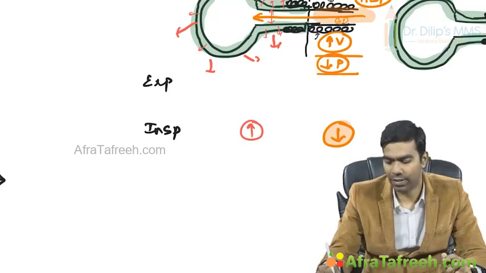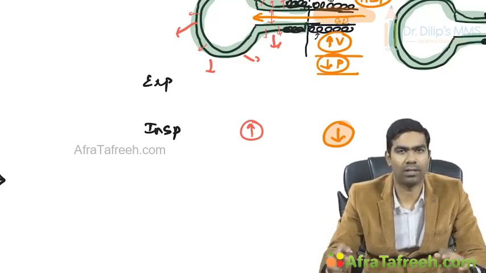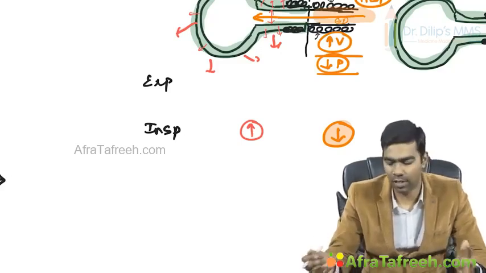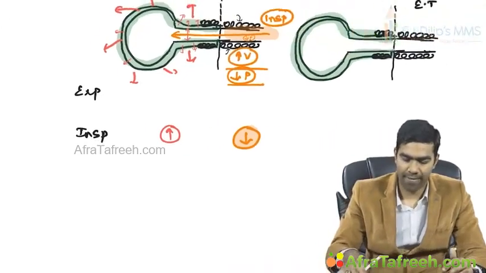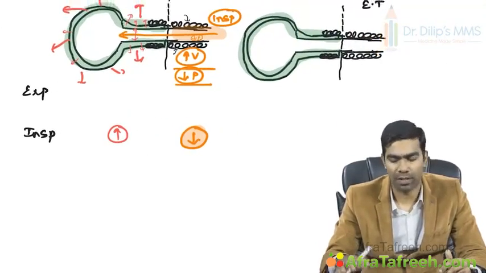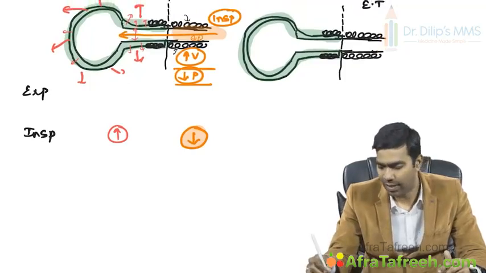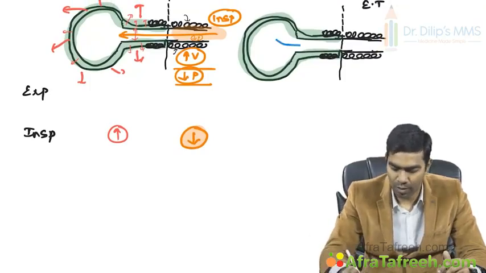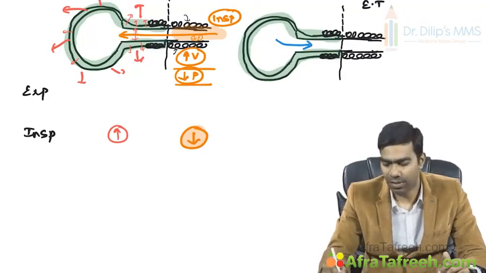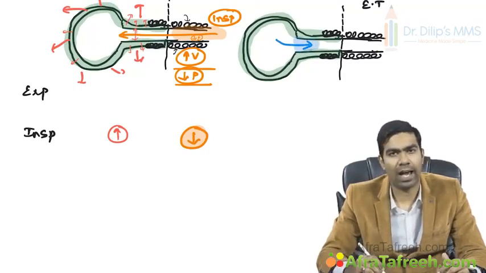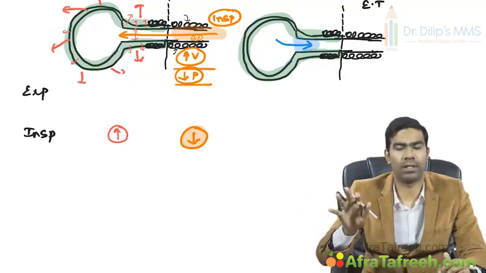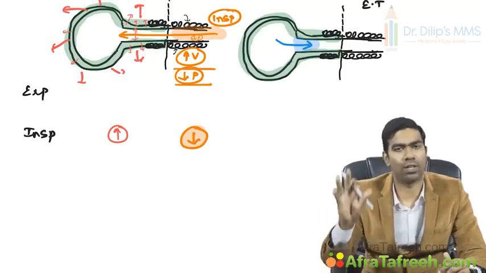Clear? Even though the effects are trivial in normal lung, this is the idea that you have to understand. It tends to increase in diameter. But what happens during expiration? During expiration, literally speaking, the air moves out in a reverse direction like this, which means the first area where the air comes into contact during expiration, that is what is most important. That is where the velocity is going to be maximum.